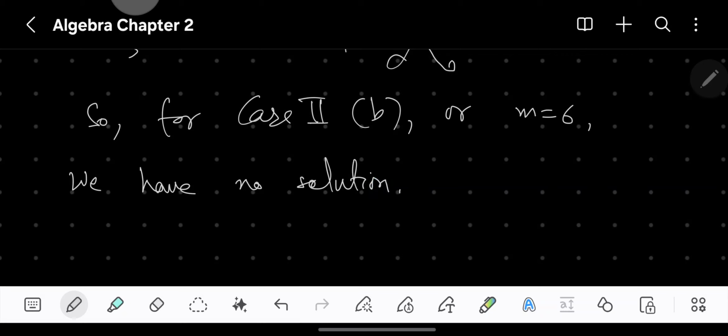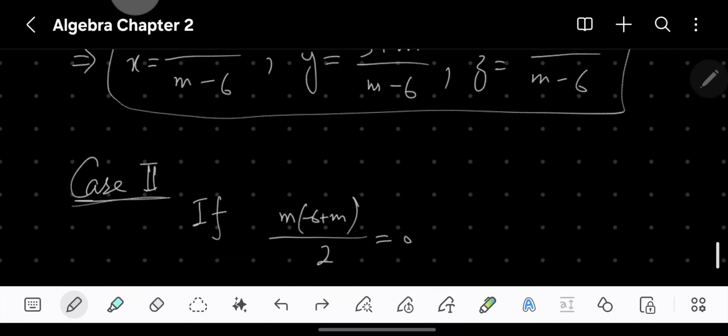We only have solutions for non-zero, non-critical values of m, and m is equal to 0. For m is equal to 6, we have no solution. So now we have considered all the cases and we have found all possible solutions for this parametrized equation.